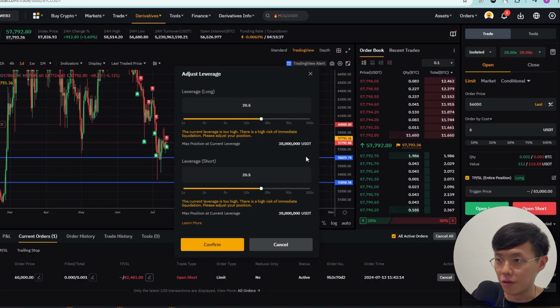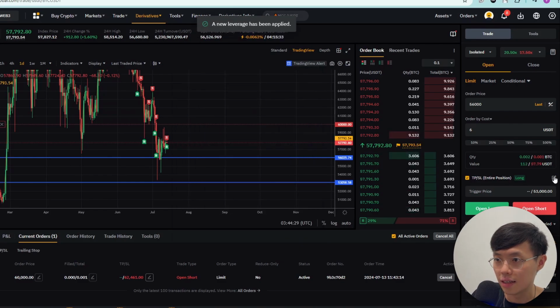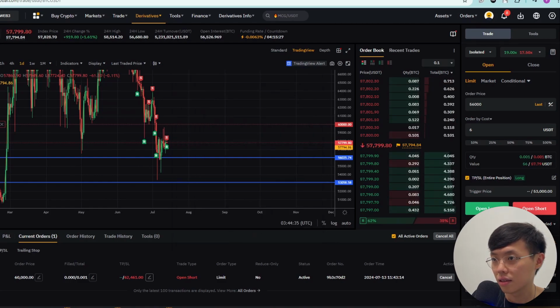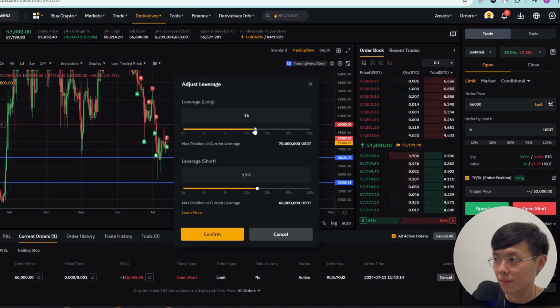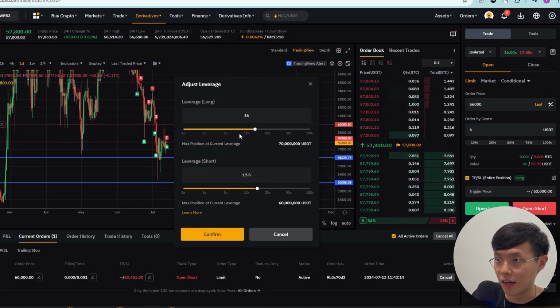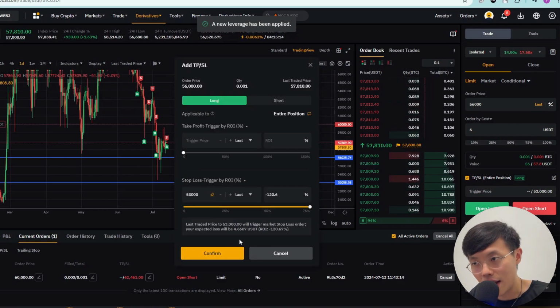So I need to reduce it a bit. And let's see, it's still too high. Oh, this is long. Okay, let's edit here. Okay, 6. Let's change again. So it's 5. So it's almost there, right? So there we go. It's underneath our 5% risk management.